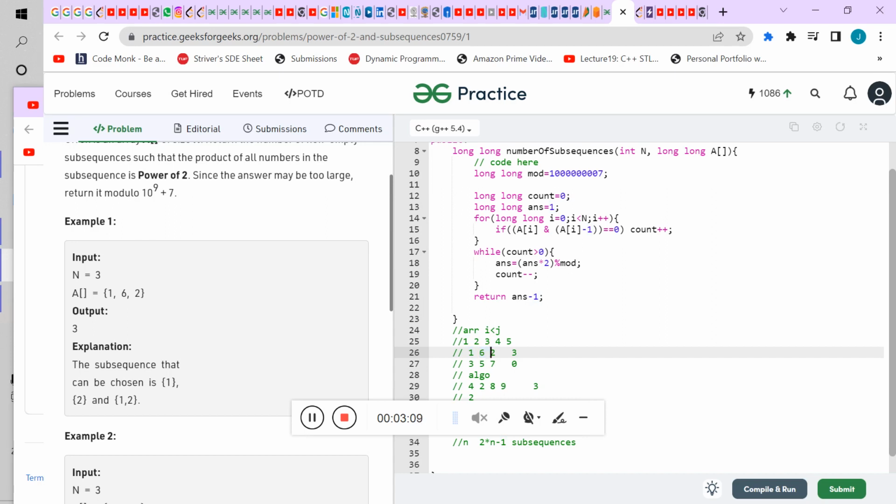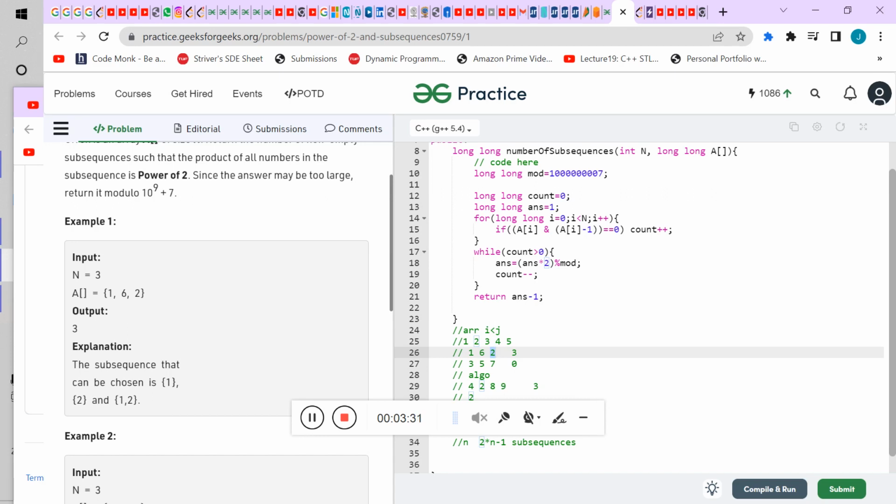Now if I move on to 6, I will notice that 6 does not satisfy the condition, that is it is not a power of 2. Now if I move on to 2, I will see that 2 is a power of 2, that is 2^1. So it may be treated as a single element subsequence, that is I can take only 2 as my subsequence, so it increments my count by 1. So my count will become 2.